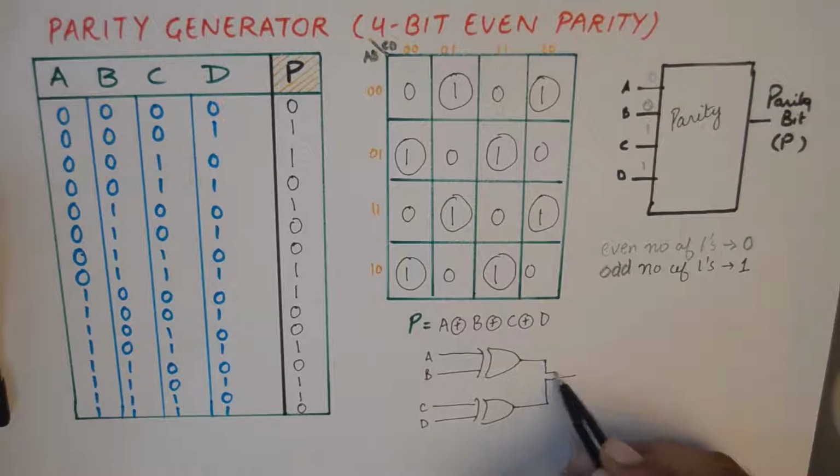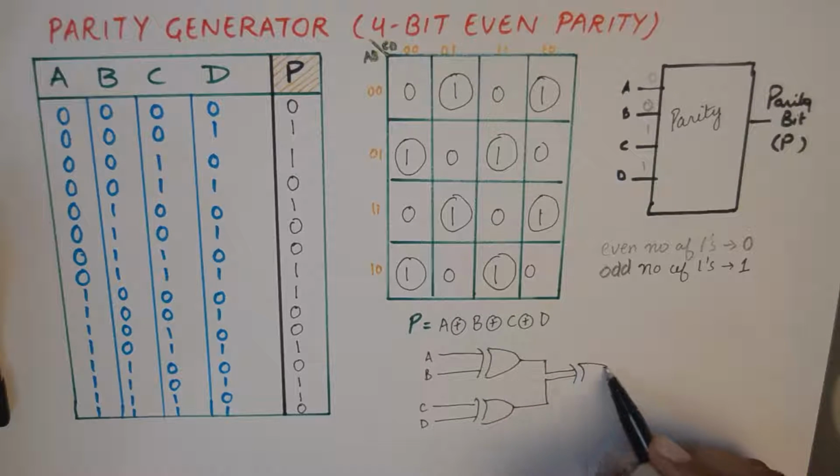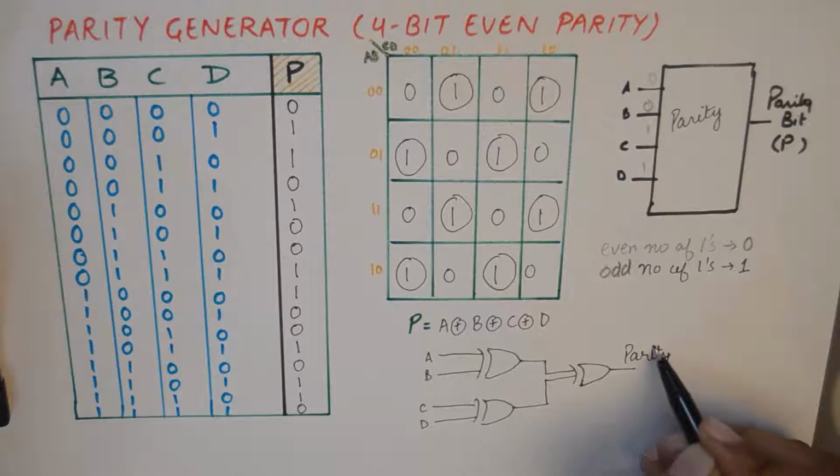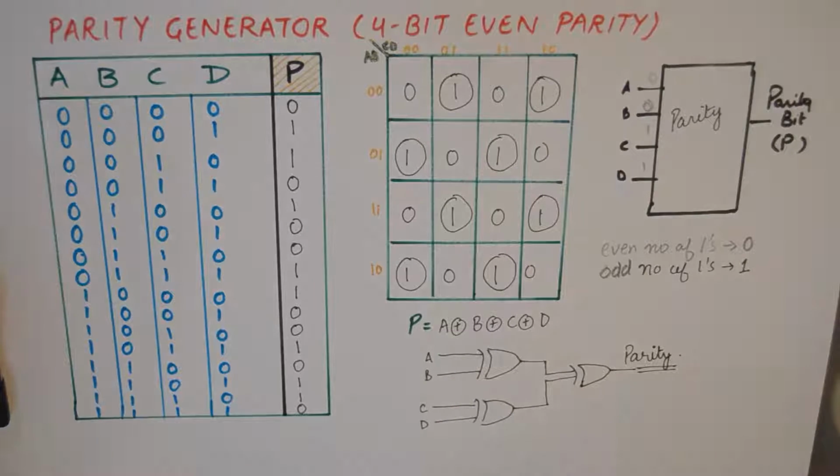Then we take the outputs of these two XOR gates and XOR them again to get parity. So that is how simple the logical diagram for a parity generator is.